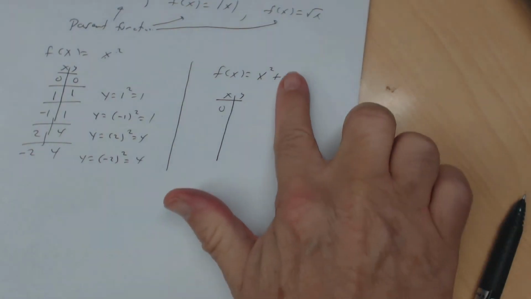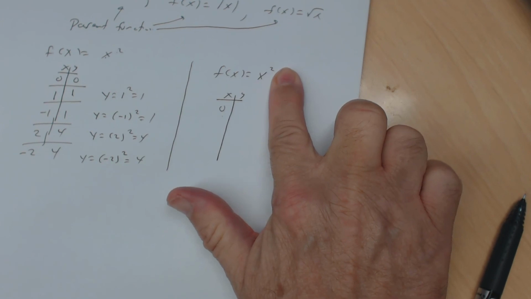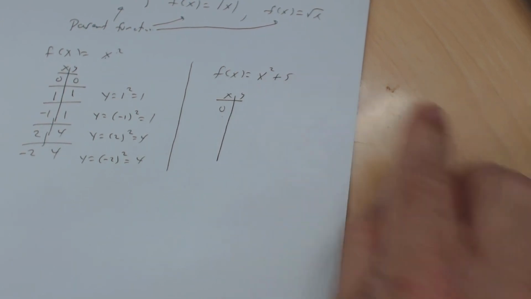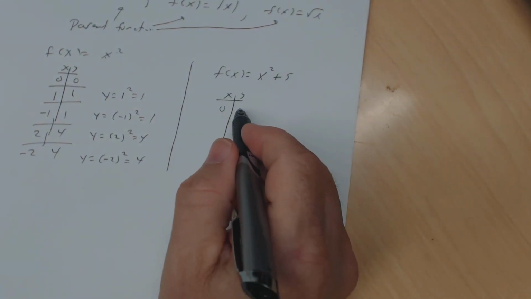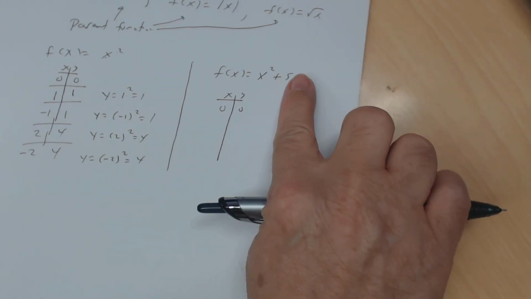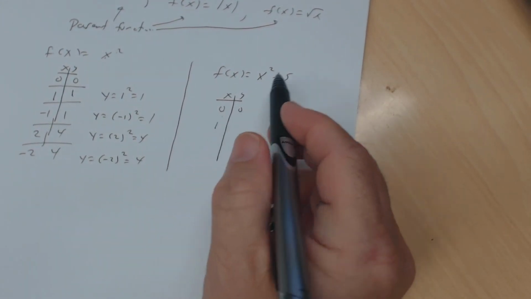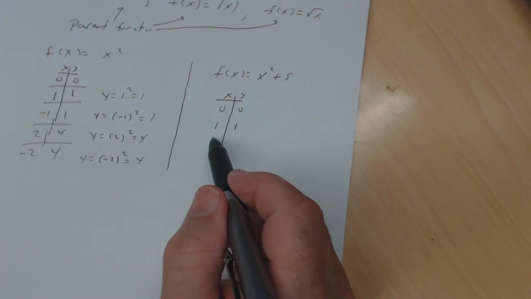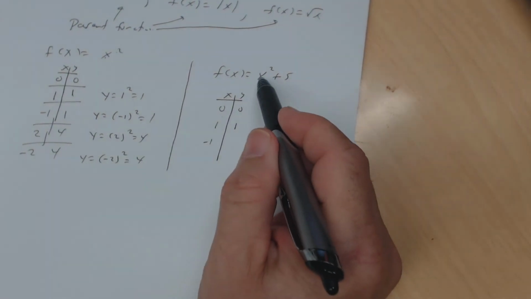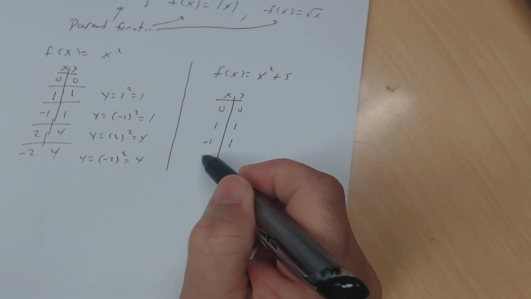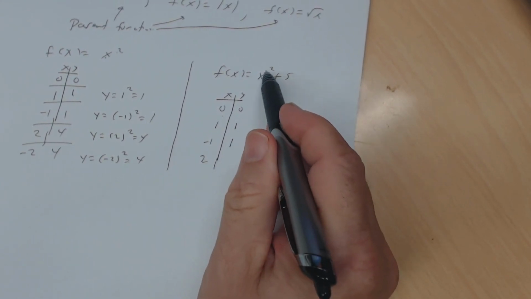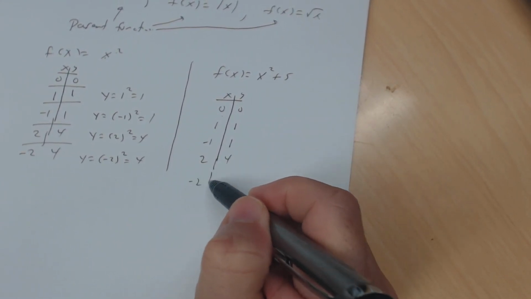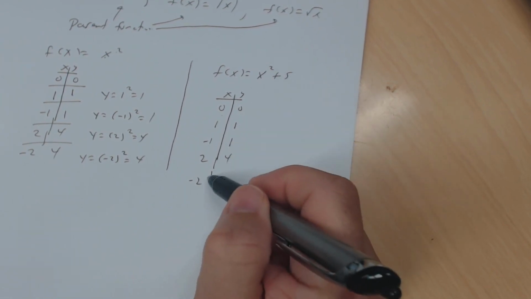So when x is 0, remember, if this 5 wasn't there, that would be the parent function. So 0 squared is 0. We put a 0 here. Forget about the 5 for right now. Just cover this up. If x is 1, I'm going to get 1 squared, which is 1. So I'm just rewriting these over, basically. When x is negative 1, I get negative 1 squared, which is also 1. When x is 2, I get 2 squared, which is 4. When x is negative 2, I get negative 2 squared, which is 4.